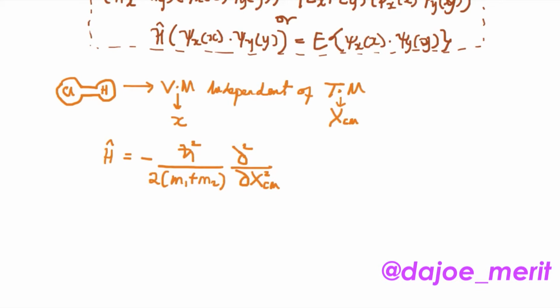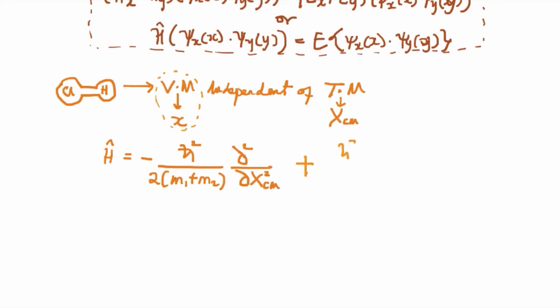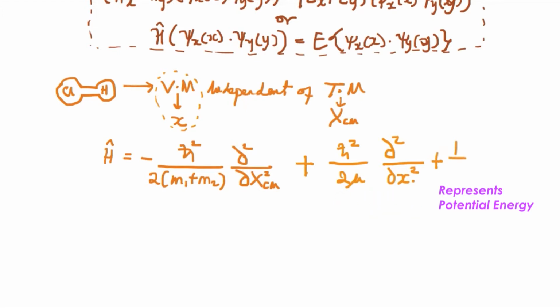On the other side, we add our vibrational motion Hamiltonian operator, which is the Planck constant squared divided by 2 mu, multiplied by the second partial derivative with respect to x squared, added to, I would say, our constant r squared, which is more of the first constant right there.